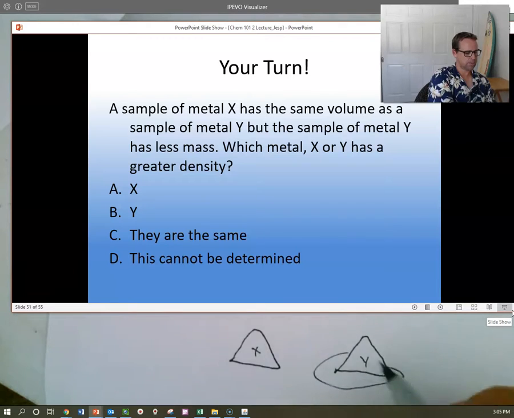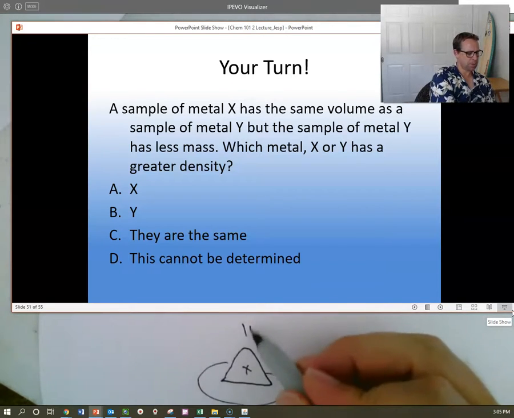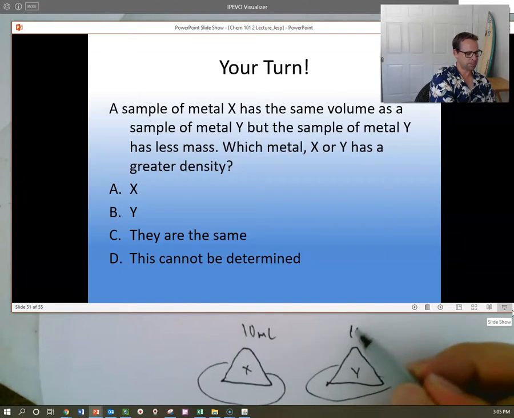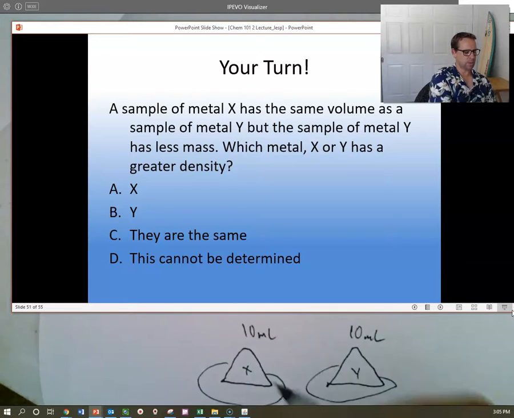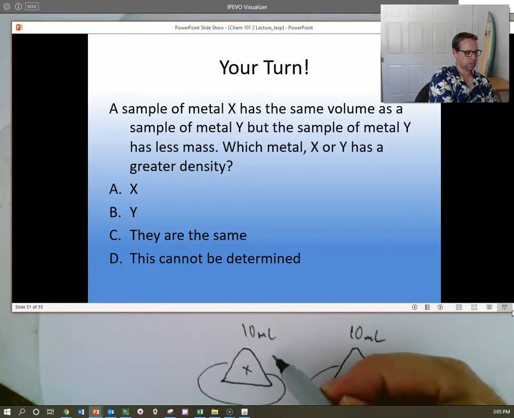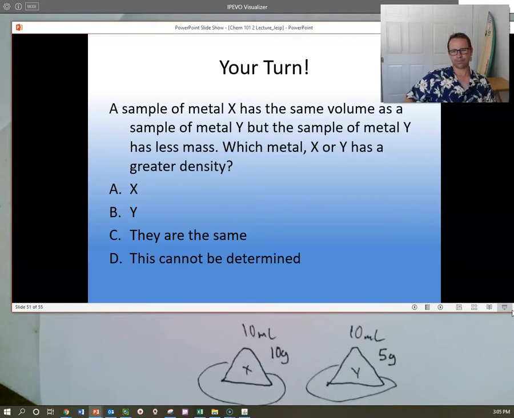Okay, so we got the same volume. Let's say that they're both 10 milliliters. Which one has a greater mass? X has a greater mass. That's right. So let's say 10 grams here and maybe 5 grams there. Is that okay?